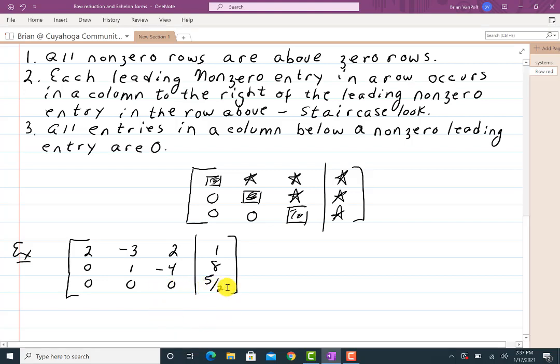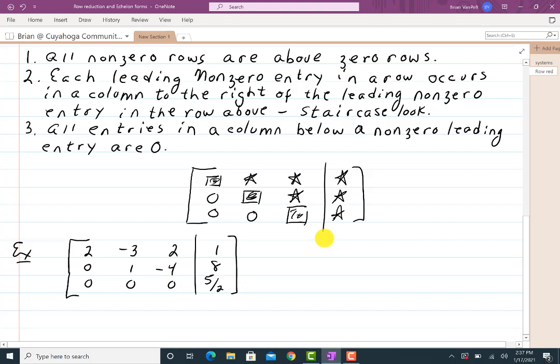This means 0 equals 5 halves, which is not correct, obviously. However, this format still fits all of the rules for being an echelon form. So this is an example here. Notice above the leading non-zero term here, I do have stuff, but below, nothing. I could have had something here if I wanted to, and it still would have been okay.